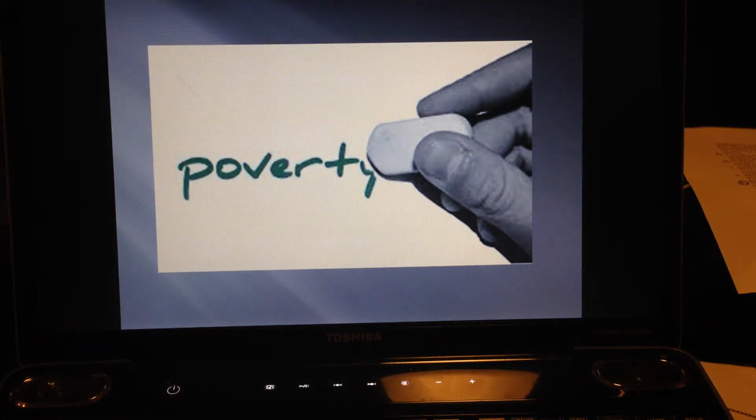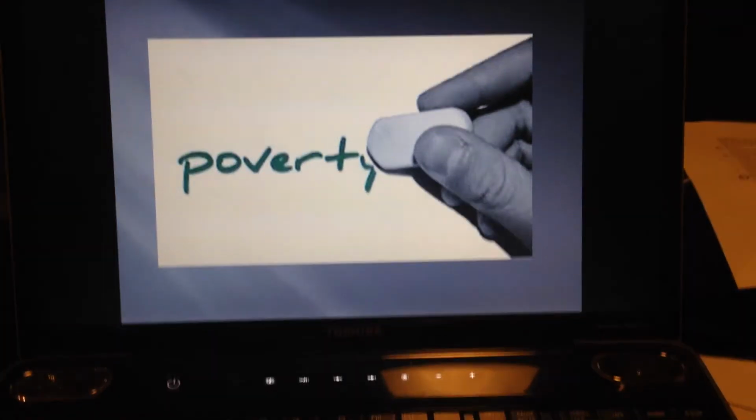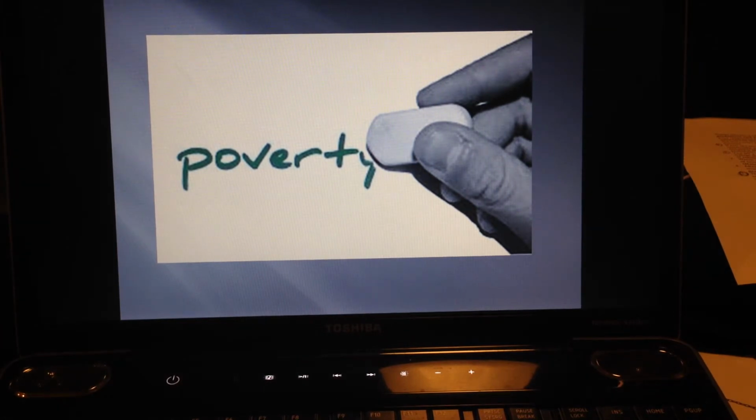Now, to the education part. The United States Department of Education has indicated results that clearly demonstrate that poverty adversely affects students' achievement.